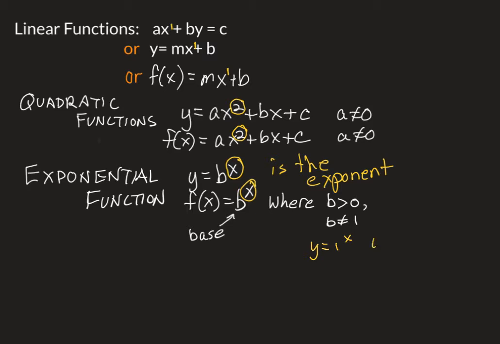And if the base is 0, 0 to any power is going to be 0. Now I'm going to leave it to you to put this case into your calculator and graph it. And no, your calculator is not broken when you see the graph, but think about why it does that.